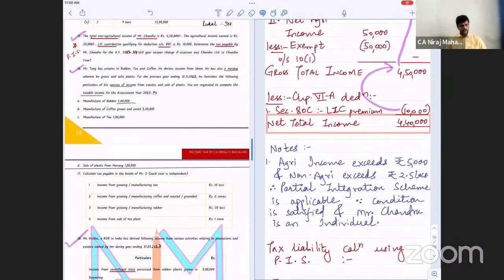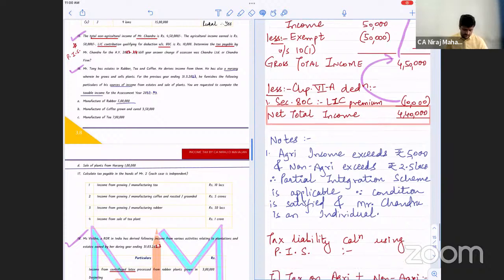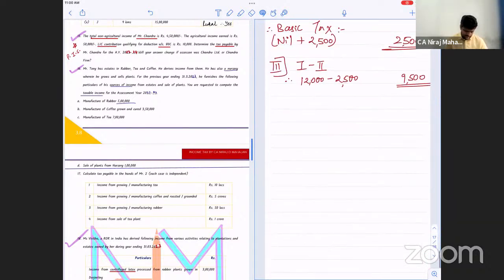Clear or no? NTI doesn't exceed 5 lakhs. Rebate is allowed up to 12,500. Correct? Fine.